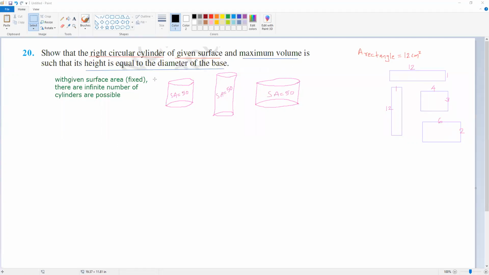Out of that infinite number of cylinders with surface area 50, the one whose height is equal to the diameter of the base will have the maximum volume. That is the question. The volume of these three will be different. We can draw an infinite number of right circular cylinders with surface area 50. Out of them, the cylinder whose height and diameter are the same will have the maximum volume. That is what we need to prove. Did you understand the question?